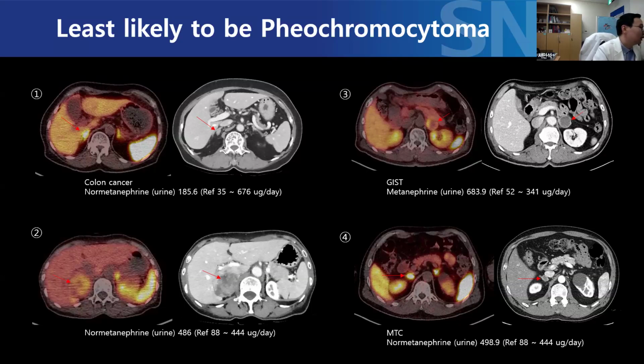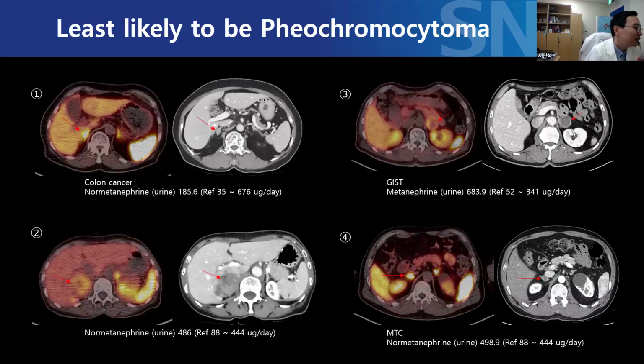Actually, the answer came to be number 1, which was diagnosed as adrenal adenoma. The other cases, number 2 to 4, were confirmed to be pheochromocytoma.